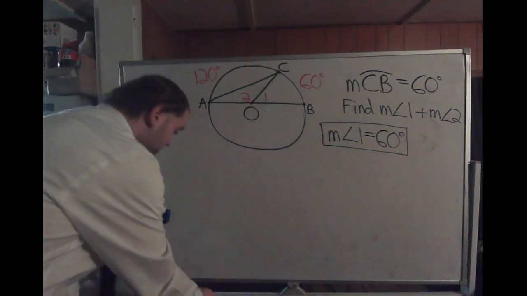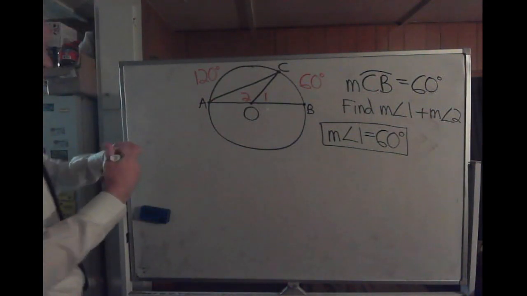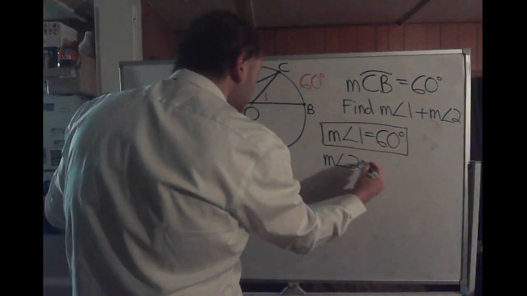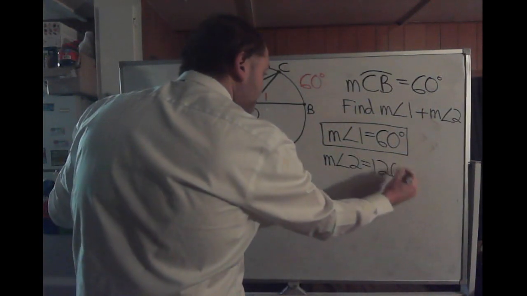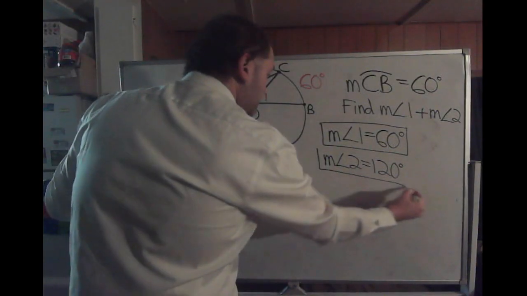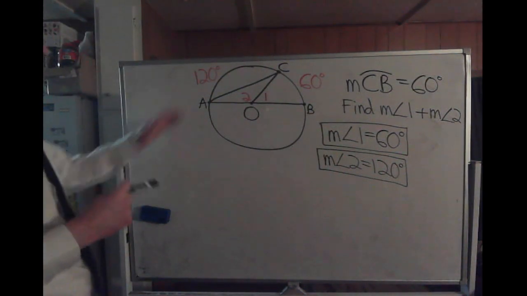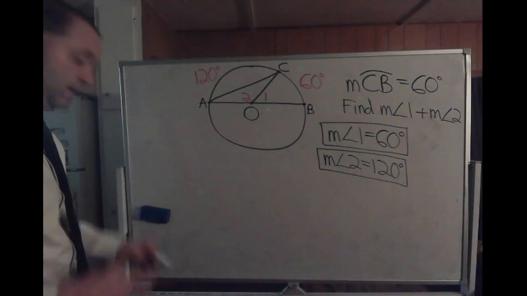Which would then have to mean that the measure of angle 2 would have to equal 120, since it's the central angle corresponding to that. So the measure of angle 1 is going to equal 60. The measure of angle 2 would be equal to 120.